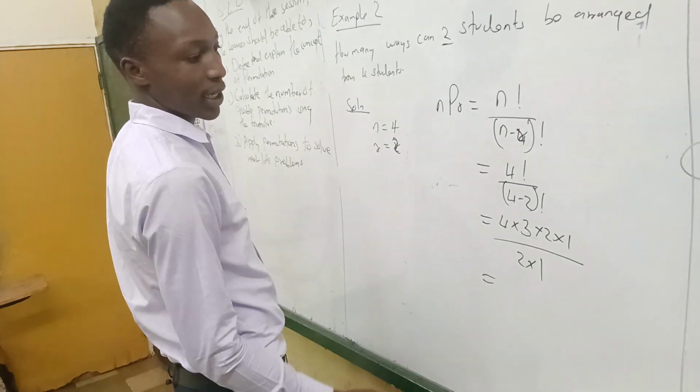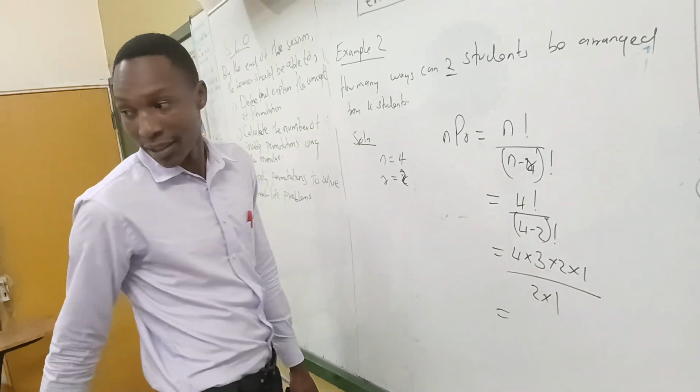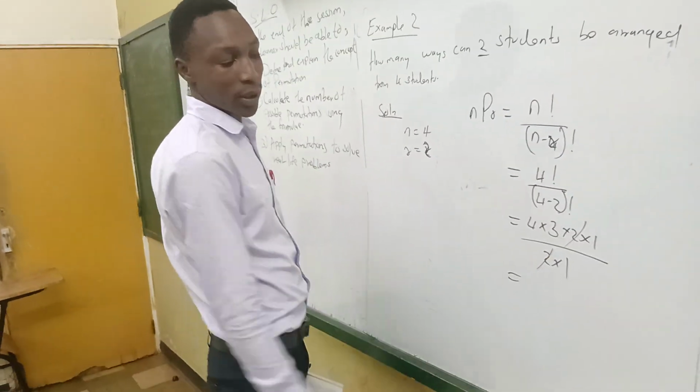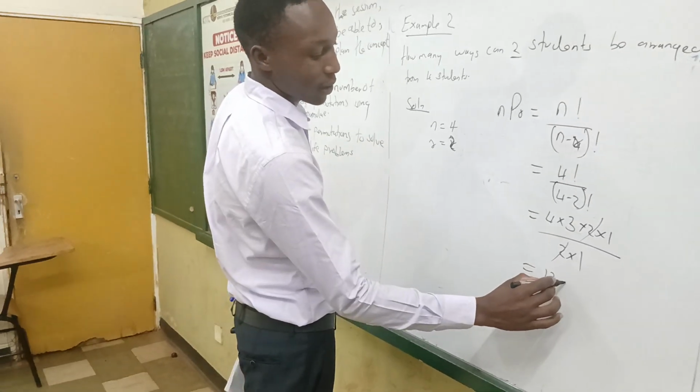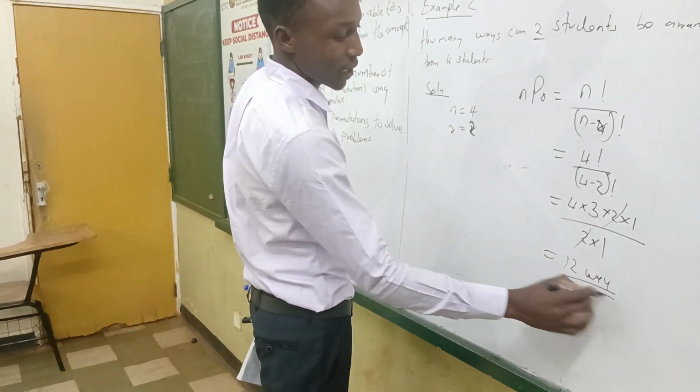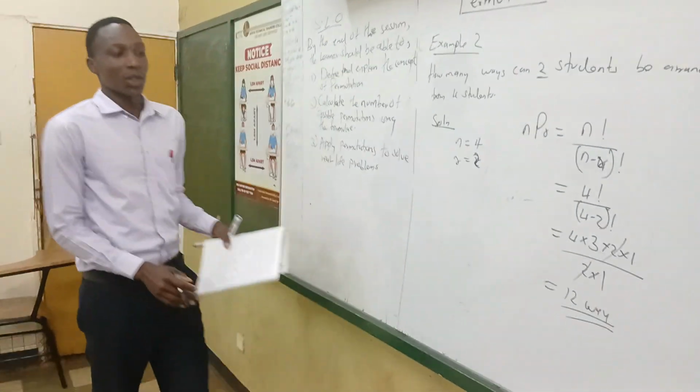You can simplify: the 2 and 2 go, so we have 4 multiplied by 3, which is 12 ways. So we can arrange these 2 students in 12 ways.